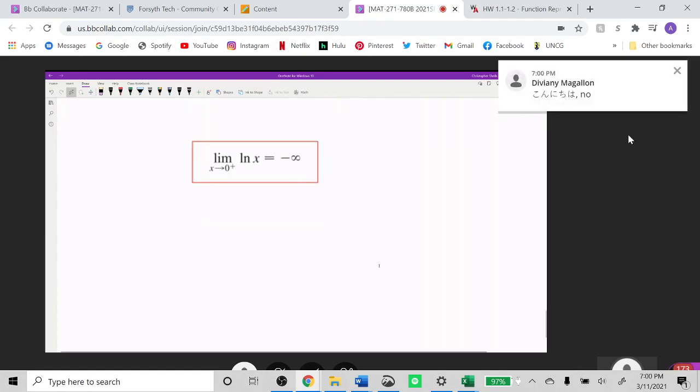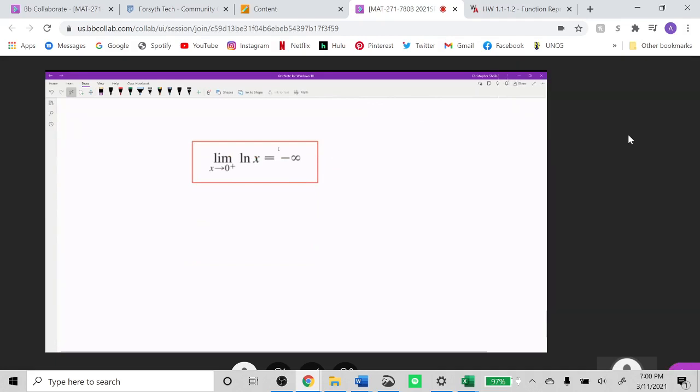And in my logarithmic function, as my x values get closer and closer to 0 from the right, my y values go downwards towards negative infinity.